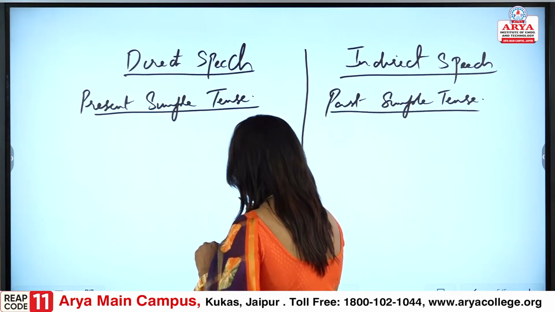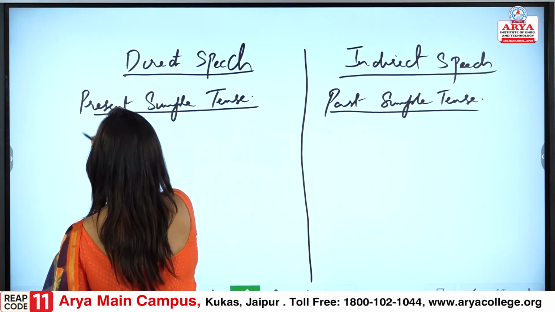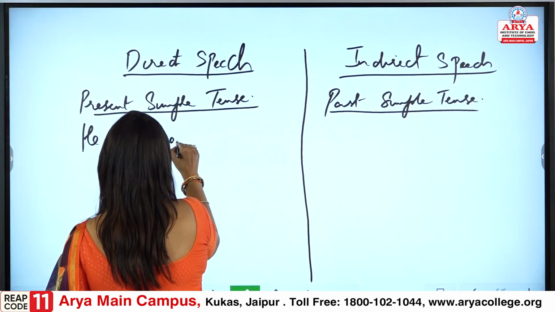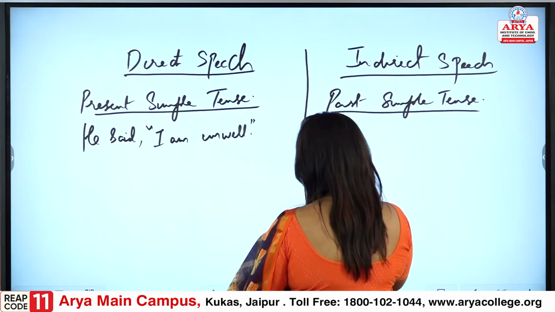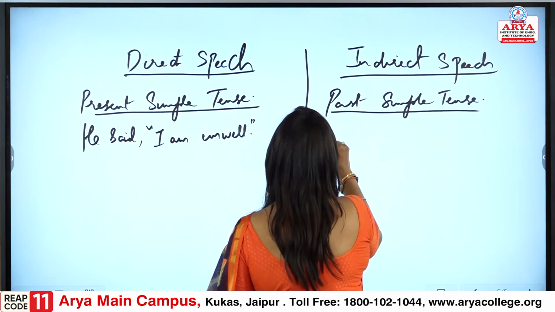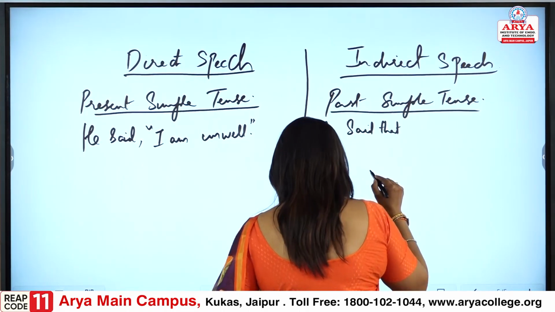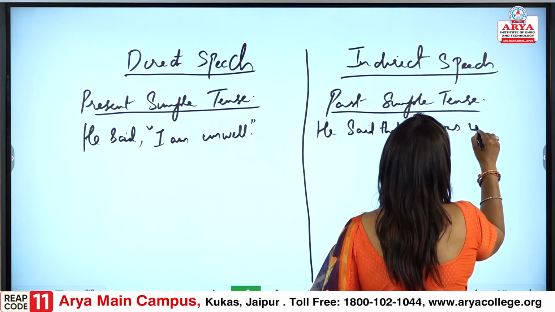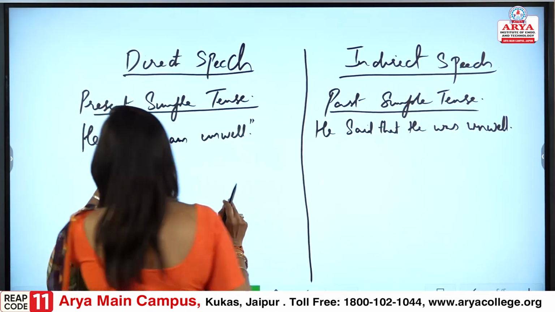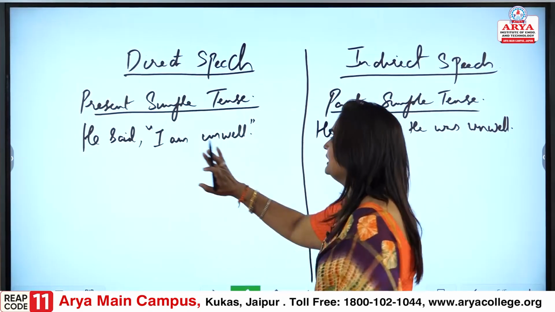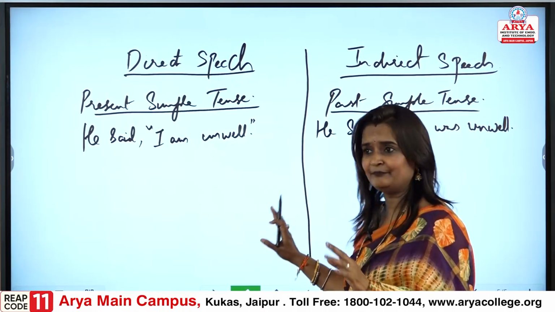As the first example that we gave, he said, I am unwell. Same over here: he said that he was unwell. Same thing for present simple. He said I am unwell.